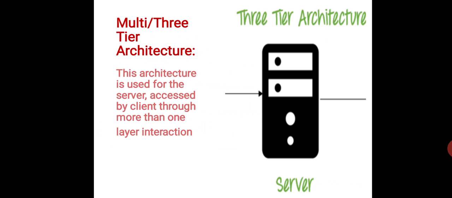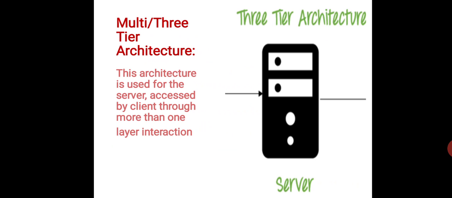Next is the multi or three tier architecture. In this diagram they have shown arrow marks. Before that arrow mark we have the client, then the server, and next we have the applications. This architecture is used for the server accessed by the client through more than one interaction.